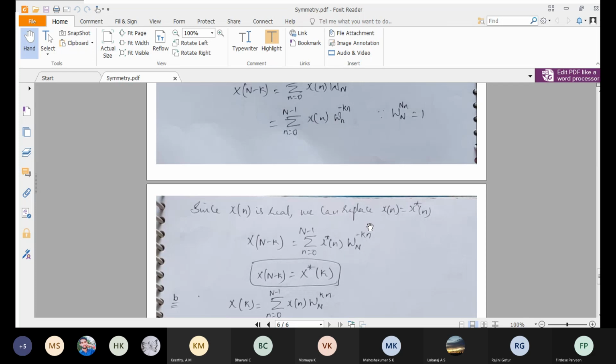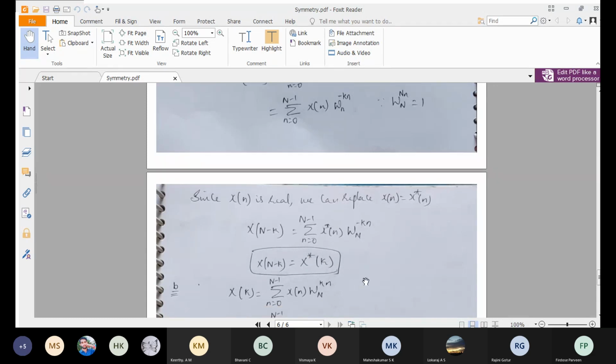What is this? It is nothing but capital X conjugate of k. So we have proved that X of N minus k is nothing but X conjugate of k. Hence proved. So what is the second one?